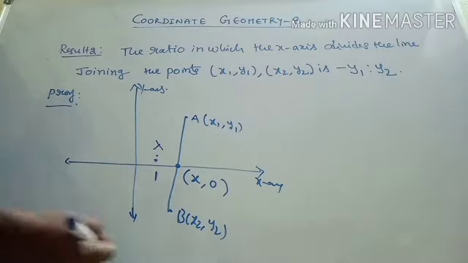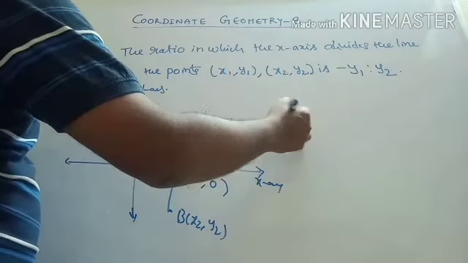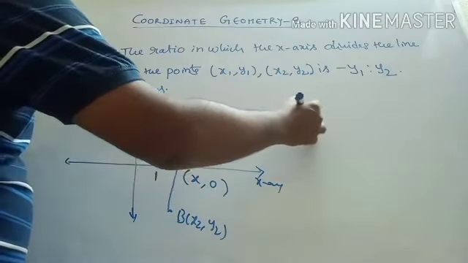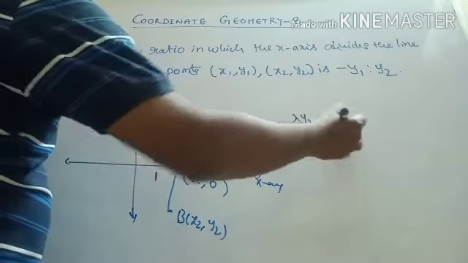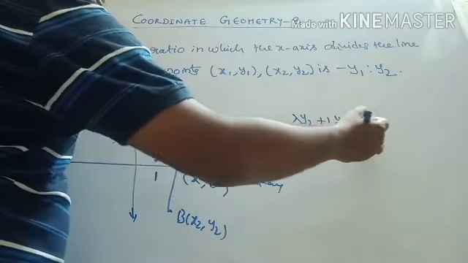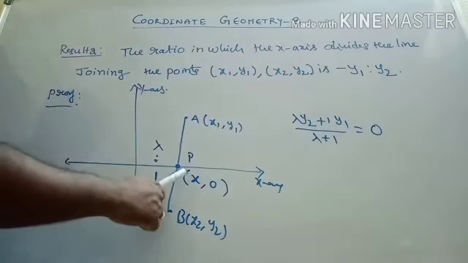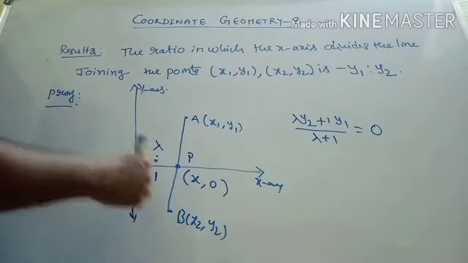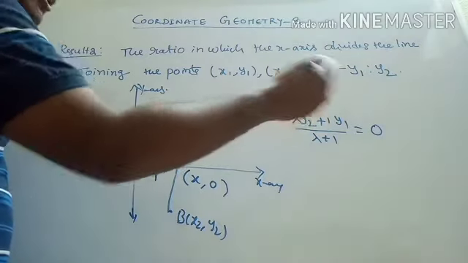The y coordinate of this point P is (lambda y2 + 1 into y1) divided by (lambda + 1), and that equals 0. If we equated the x coordinate, we would not get anything out of it. That's why we equated the y coordinate with 0.